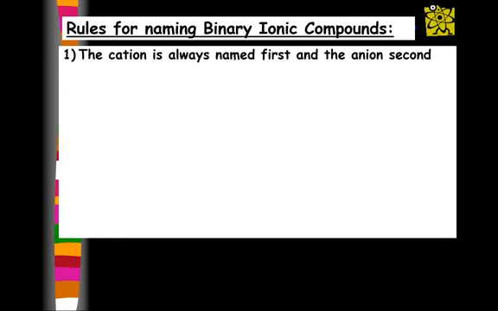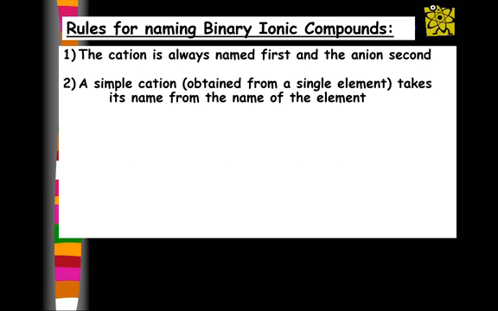Here are the basic rules. A cation is always named first, and then the anion is second. It takes the name of the first element.